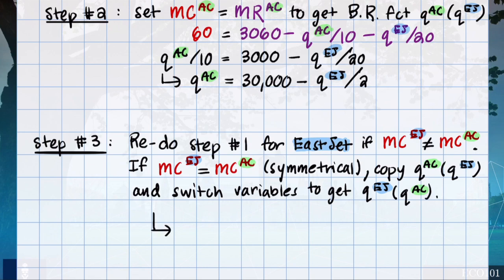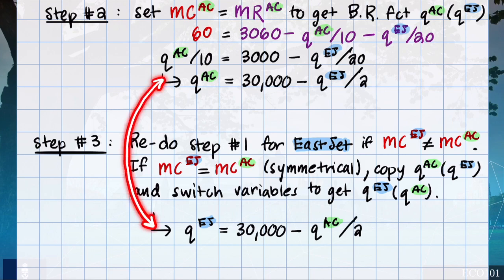That way the problem is faster to solve. The best response quantity for EastJet is also equal to (30,000 minus the quantity that Aero Canada produces) divided by 2. Like I'm saying, these are exactly the same best response function for both firms. I just switched the variables.